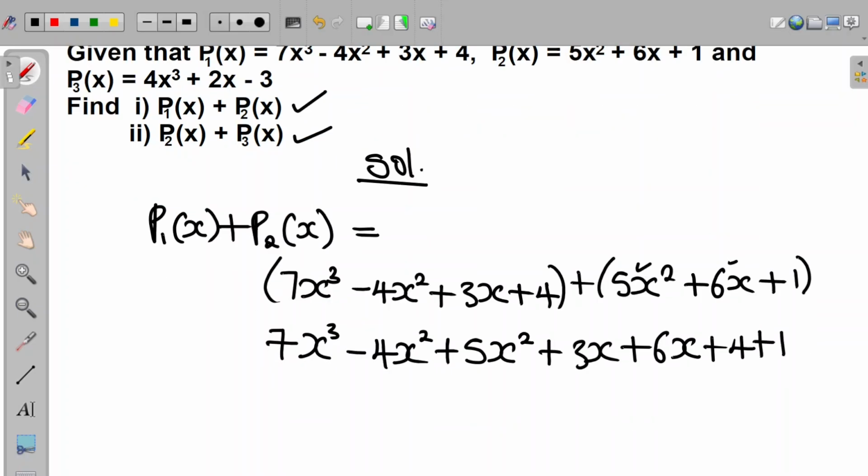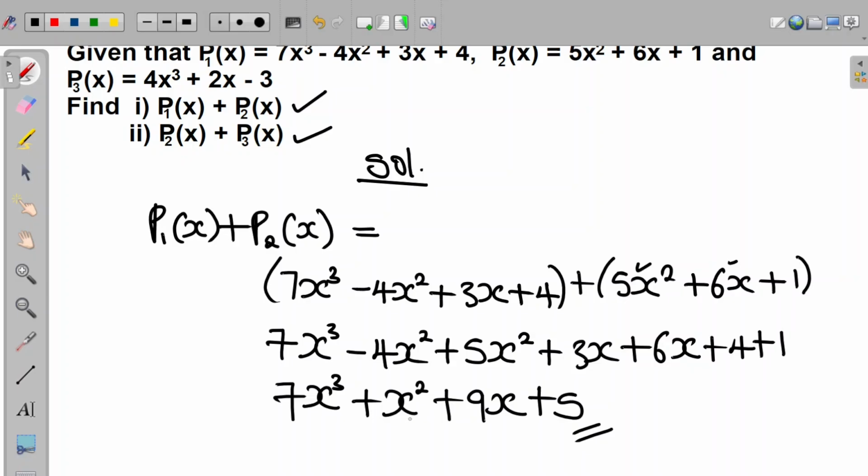Now, if we simplify, we have 7x cubed, minus 4x squared plus 5x squared is plus x squared, plus 3x plus 6x is plus 9x. 4 plus 1 is 5. So if we add P1 of x and P2 of x, we have 7x cubed plus x squared plus 9x plus 5.